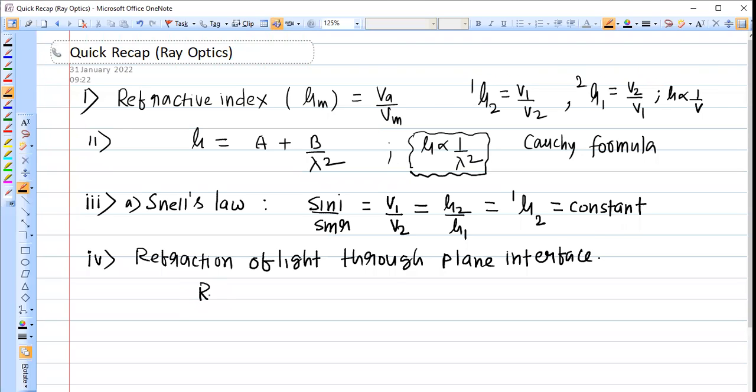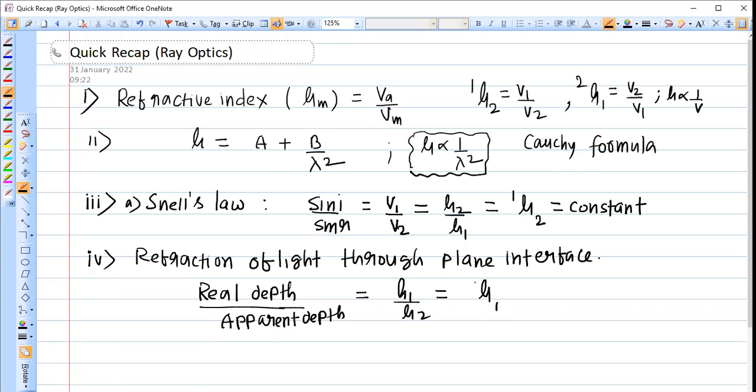Real depth divided by apparent depth is equal to mu2 by mu1, or basically mu1 by mu2 you can write down, or basically you can write down it is refractive index of 1 with respect to 2.